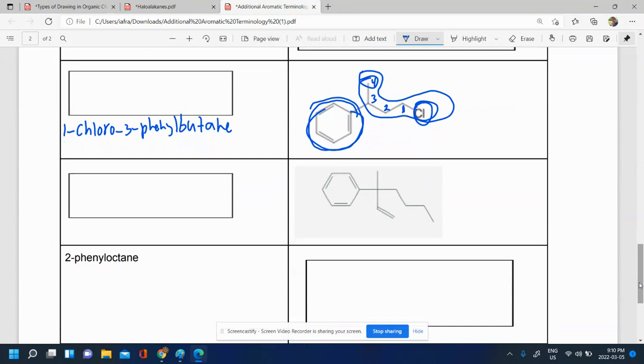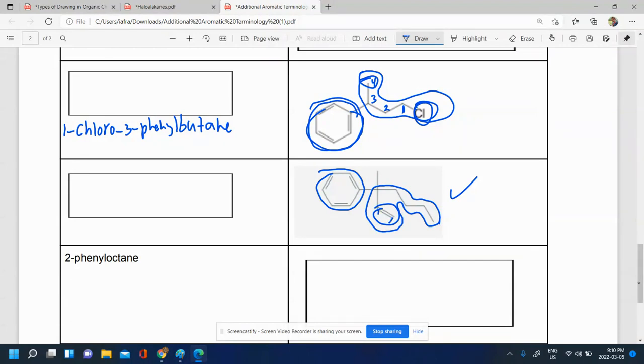Okay. Now, this is our next problem. We have to name these. Notice that we have a double bond here. So I don't think we're going to be using the benzene as our parent chain since we have a chain with a double bond. So I'm going to find the longest chain that contains that double bond, and it seems to be this chain over here. So we want to start counting from the area that minimizes the double bond.